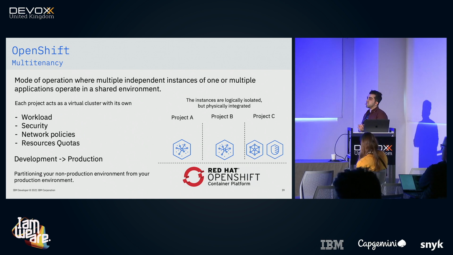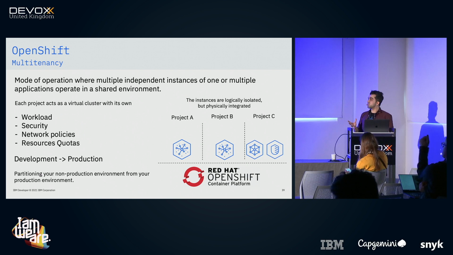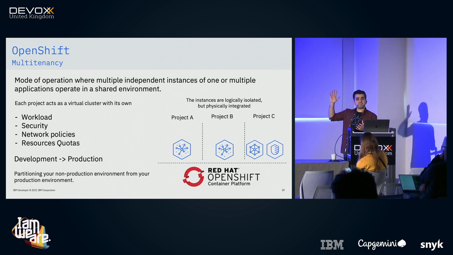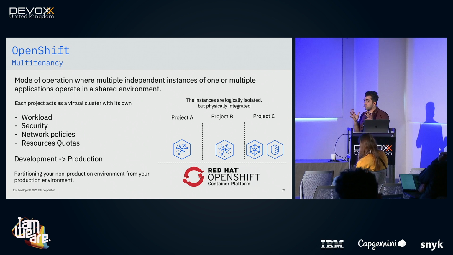One more important point is about multi-tenancy. OpenShift offers you independent instances of one or multiple applications in a shared environment. So you could have your development team, testing team, staging team, and production team all working in the same shared environment, but they're all working in silos.